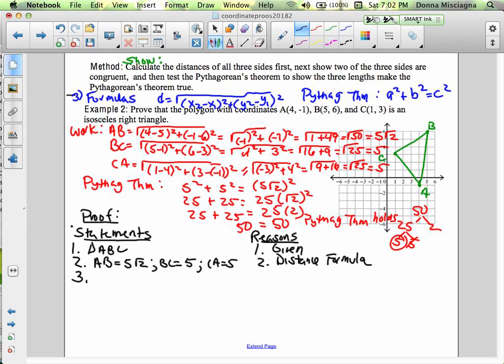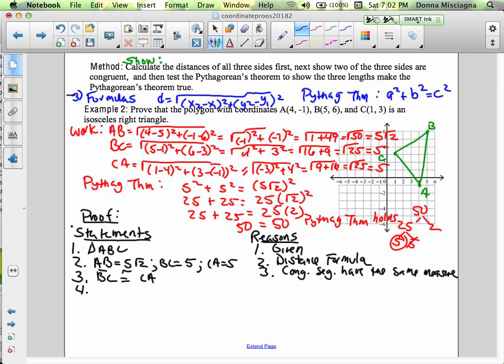All right, and we also know that BC is congruent to CA. That was one of our requirements to show it had two sides congruent. How do we know the sides are congruent? Congruent segments have the same measure. Just squeeze that in.